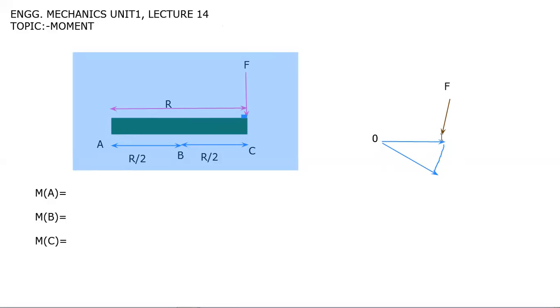Now this door will get a moment from this location to this location. Suppose this is point A and this is point B.